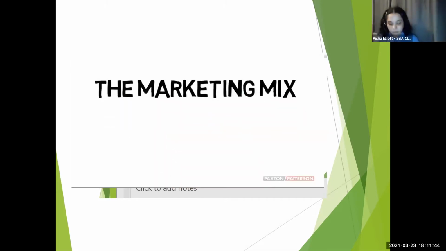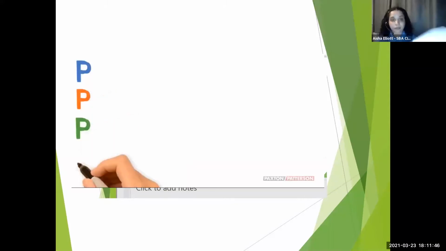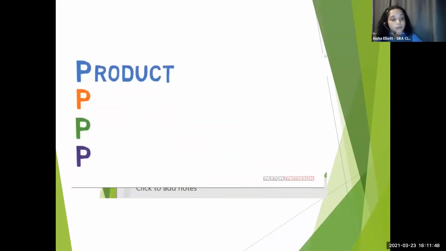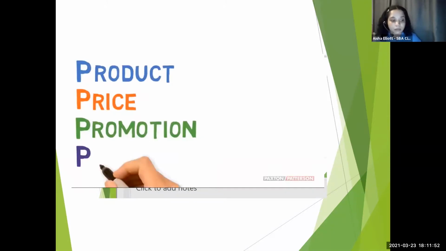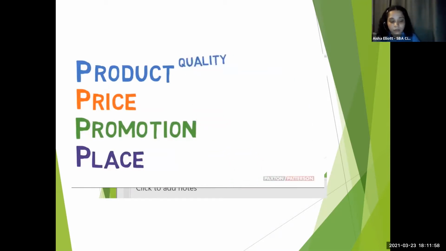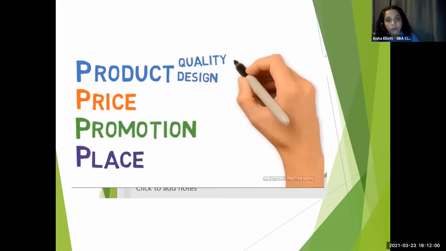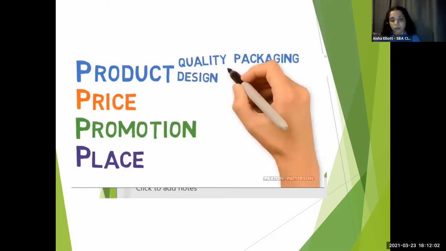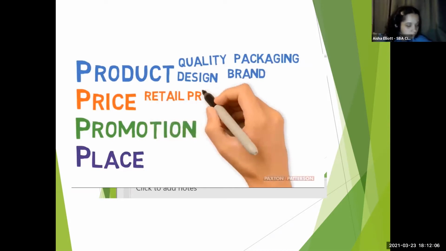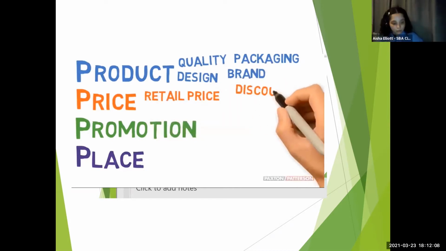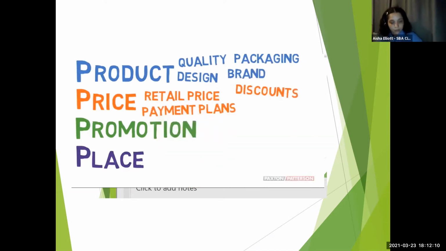The marketing mix. It's a combination of the 4 Ps: product, price, promotion, and place. When we talk about product, we mean things like the quality of the product, the design, the packaging it's sold in, and the brand. Price not only refers to the retail price, but also any discounts. Do you accept payment plans?